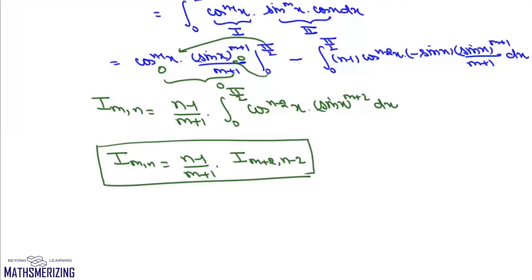Now if we use this reduction formula again, then we can write Imn will be equal to n minus 1 upon m plus 1, here will be n minus 3 upon m plus 3, and this series will continue till I m plus n minus 1 comma 1, since we have taken this n as odd number.